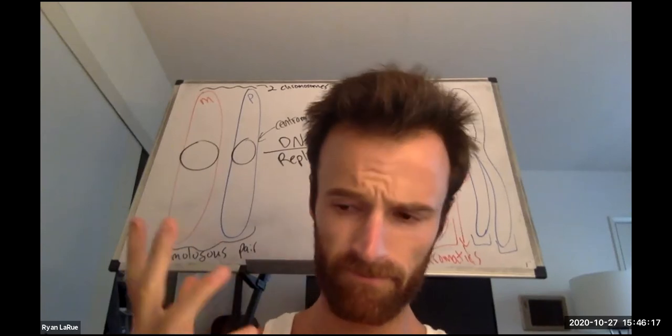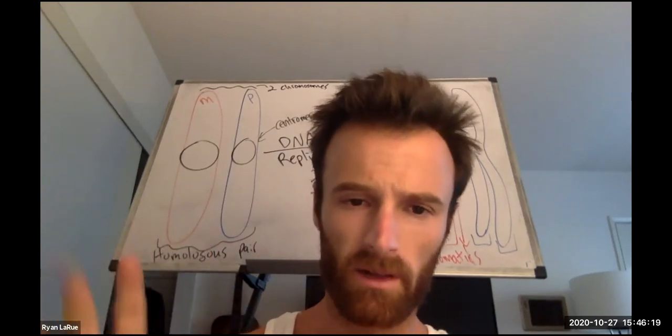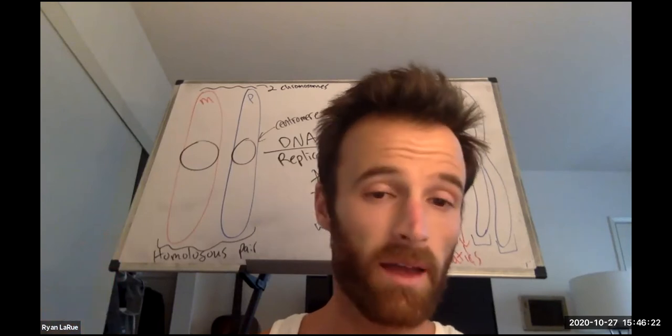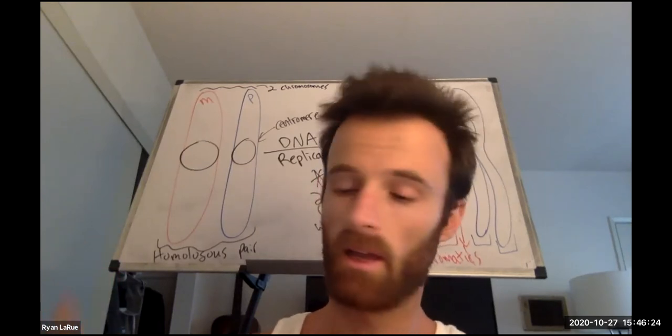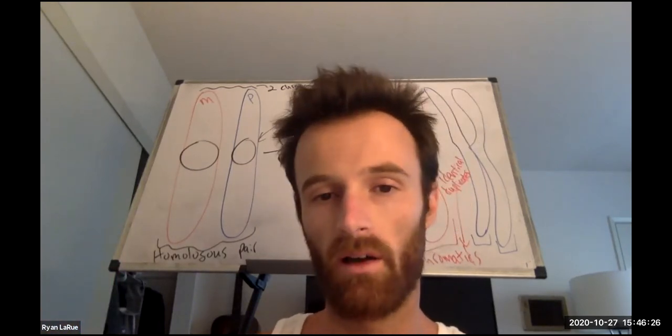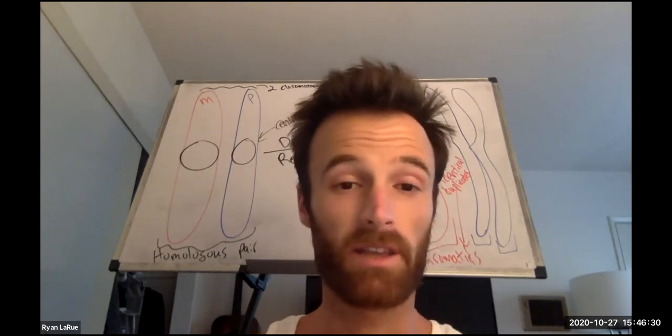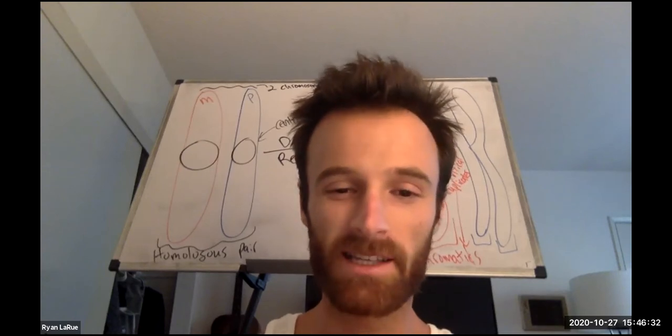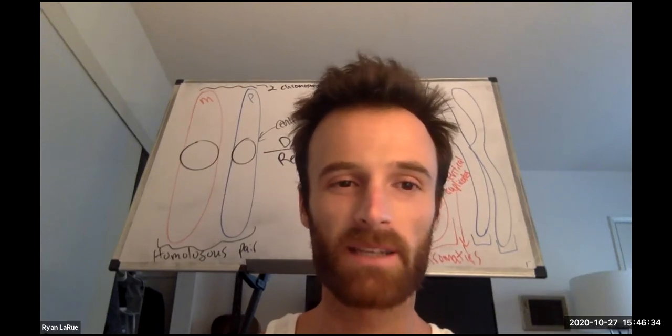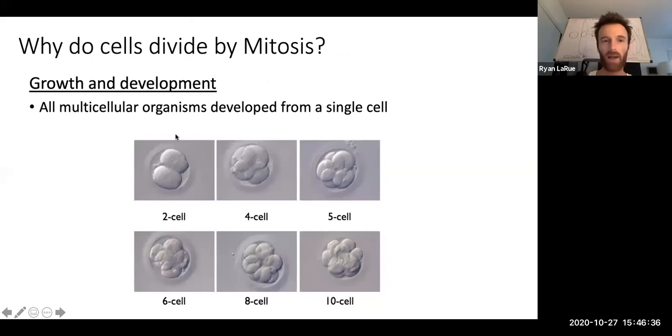But for the rest of this lecture, we're going to look at why a cell would do mitosis and divide, and why a cell does certain things in its life. We call it the cell cycle. So let's begin by talking about why cells divide by mitosis.